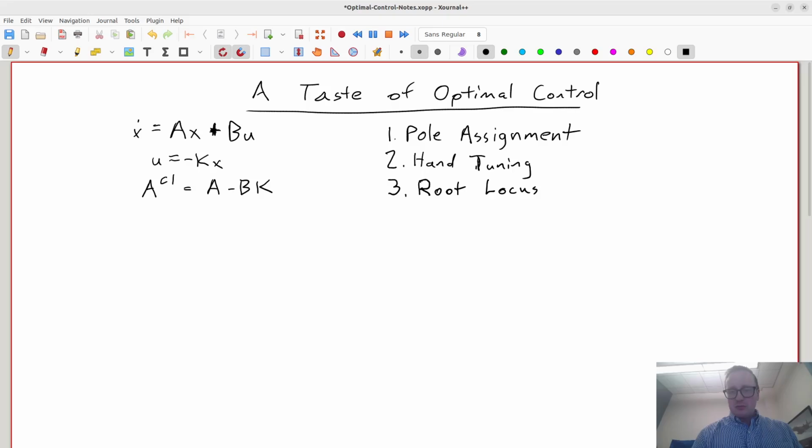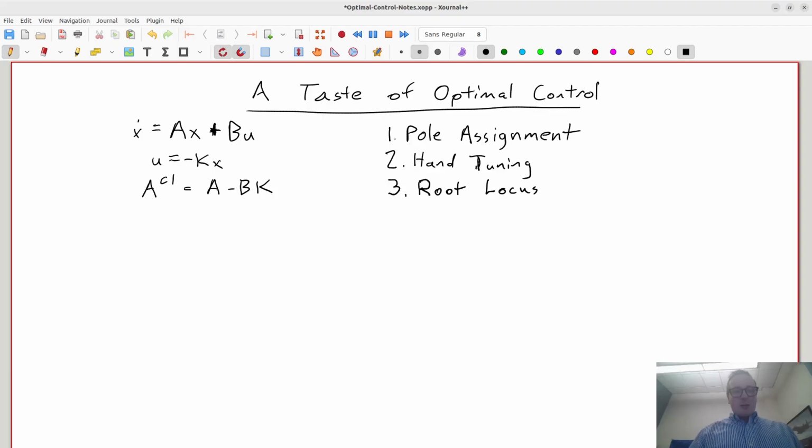If the characteristic polynomial is too complex for you to calculate gain values by hand, you can just draw a plot of what the eigenvalues will be at different gain values, and that makes a root locus.